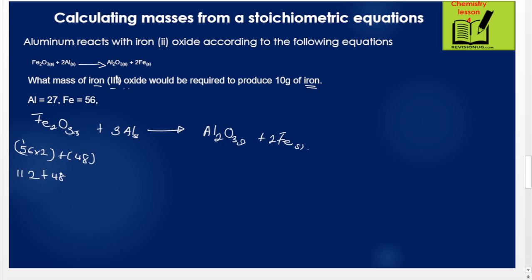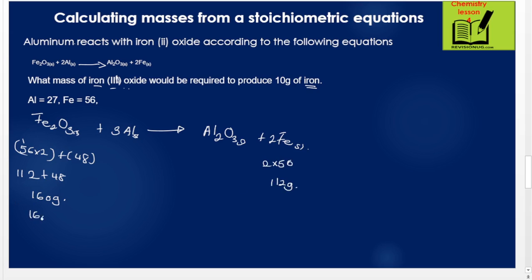So we add there, plus 48, what are we having? So this is 160 grams. Then come to iron, it is going to be 2 times 56, which is going to give us 112 grams.